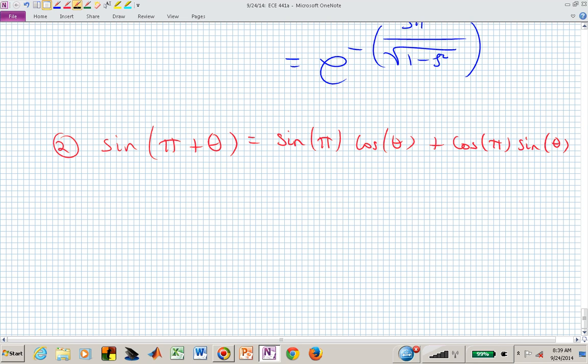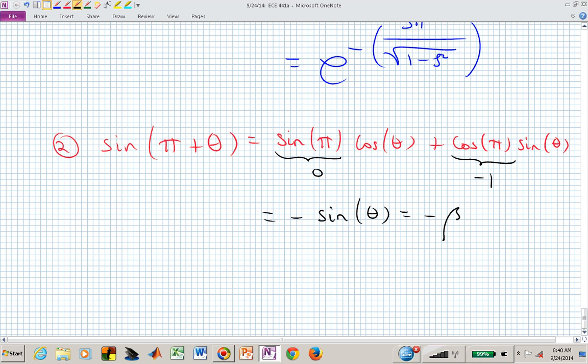What's the sine of pi? 0. So that first term vanishes. What's the cosine of pi? That's minus 1. This now becomes minus sine of theta, but sine of theta we just were calling beta. So the sine of pi plus theta is just minus beta.